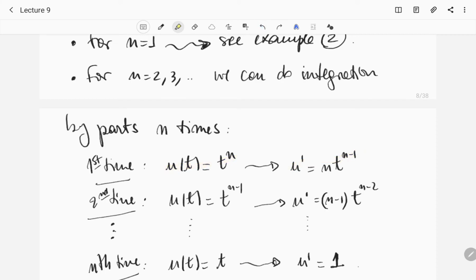And then once we have that expression, for the second time we use integration by parts, we can call u equal to t to the power n minus 1, and then the derivative would be 1 power lower, and so on and so on.